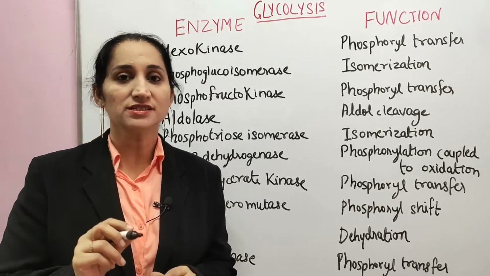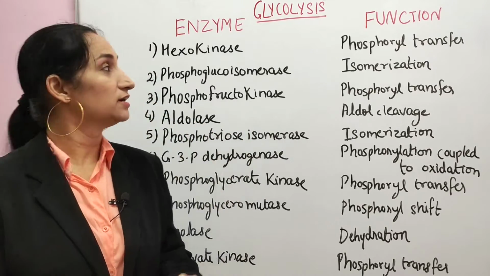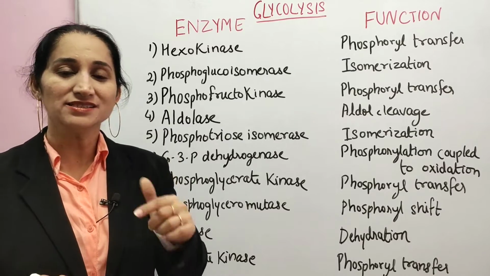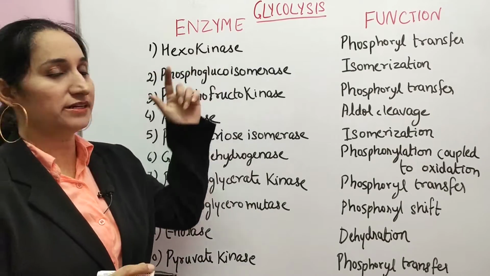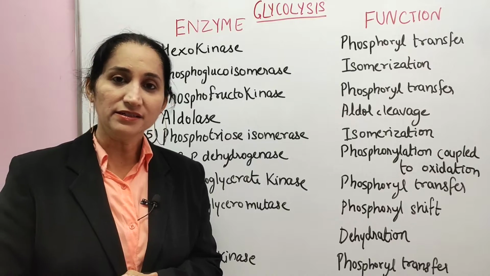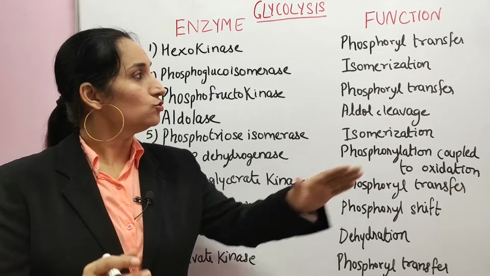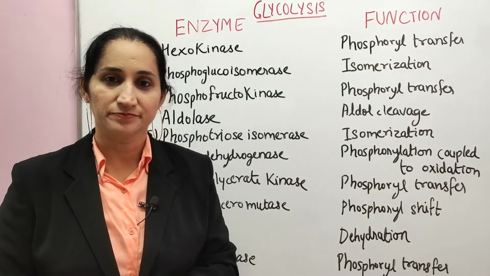So here in the first step where glucose was phosphorylated to glucose 6-phosphate, the enzyme which catalyzed this reaction was hexokinase. So whenever you see the word kinase, the function of that enzyme would be related to phosphoryl transfer.